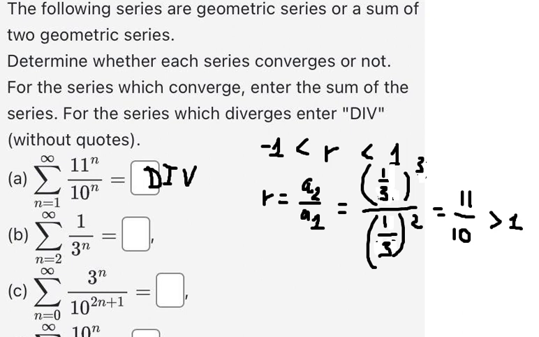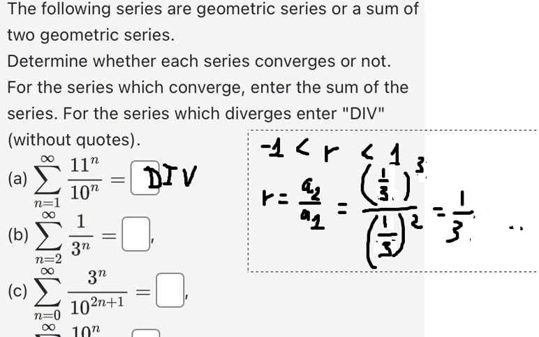And this one, we have 1 over 3. And we can see that 1 over 3 belongs to this range, this interval in here. So that means convergent.